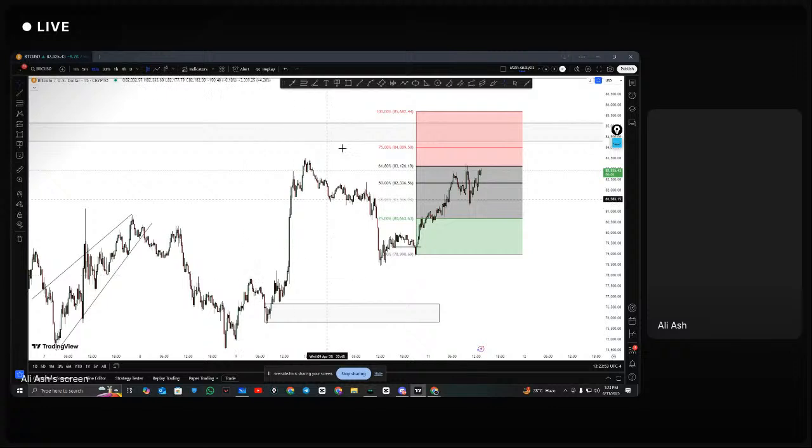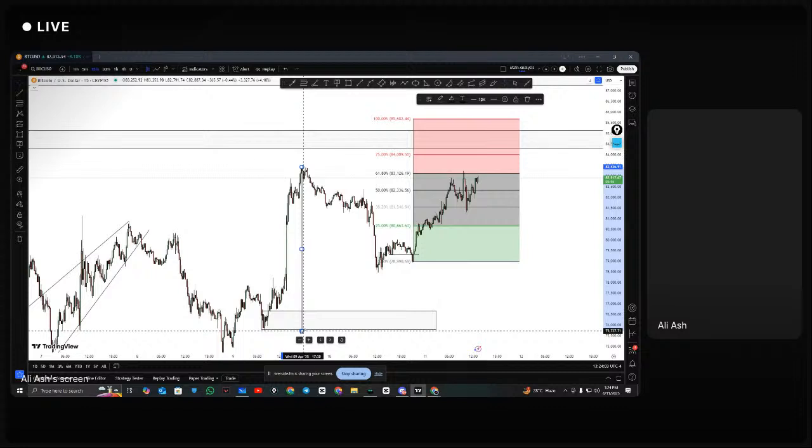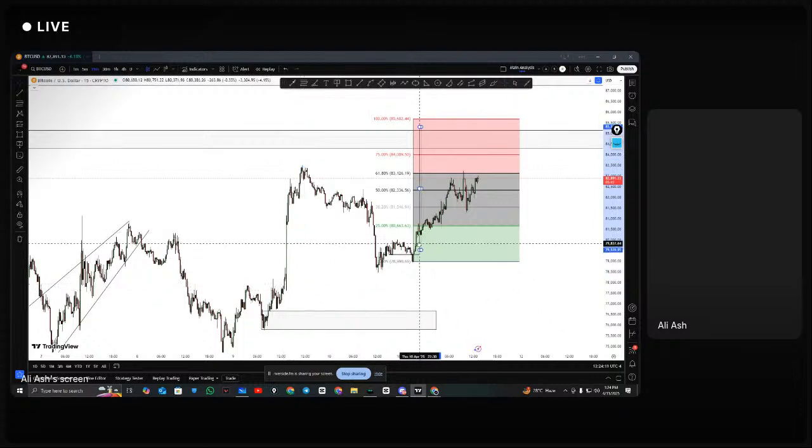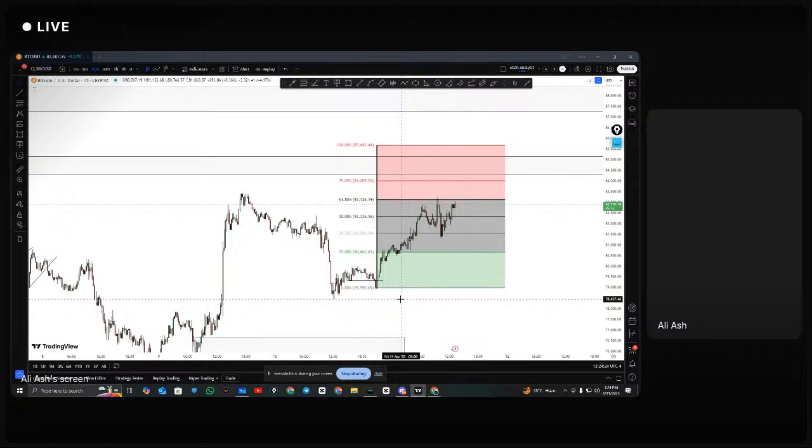So the SR interchange for this, yeah, this is the SR interchange for the inverse cup and handle pattern.